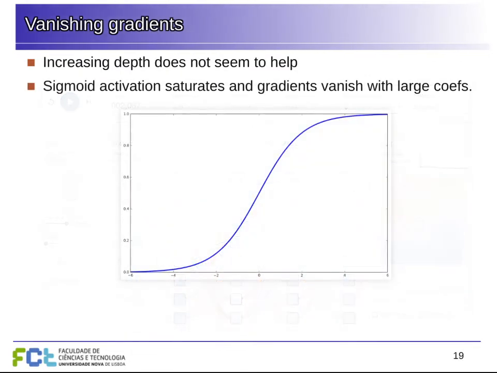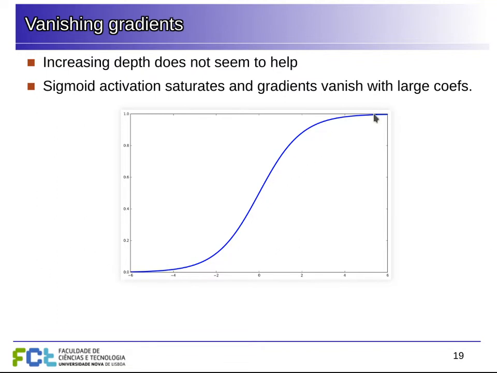The big problem here is that a sigmoid activation function has this kind of shape, and if we start moving away from the center, where the gradient is highest, we start getting into those extreme regions where the function saturates and the derivative is zero. If we go onto this side or this side, the derivative starts approaching zero.